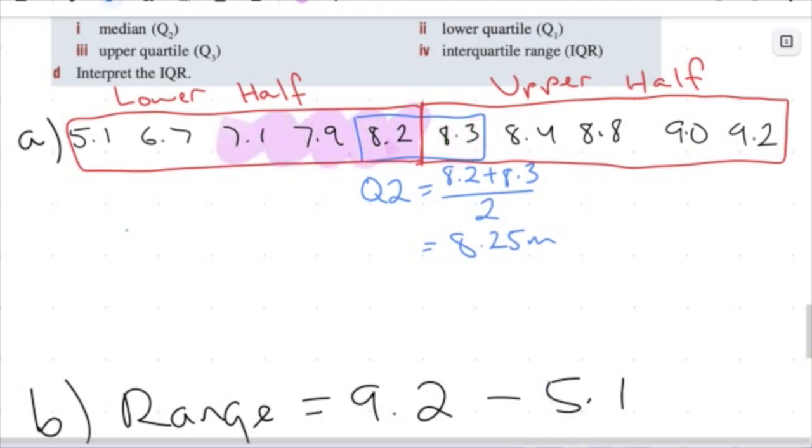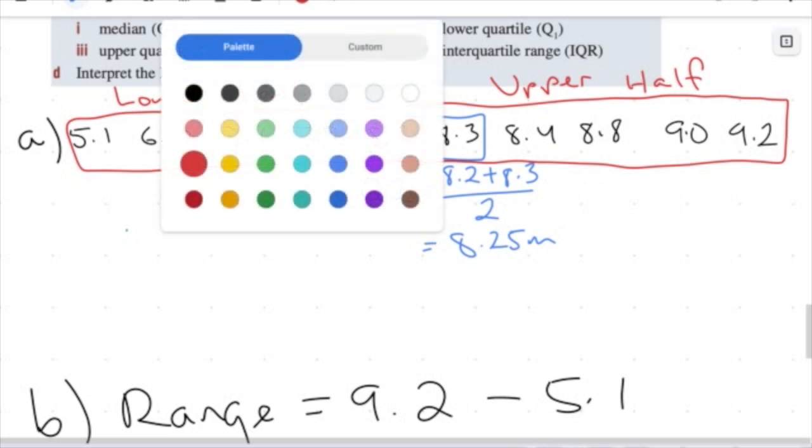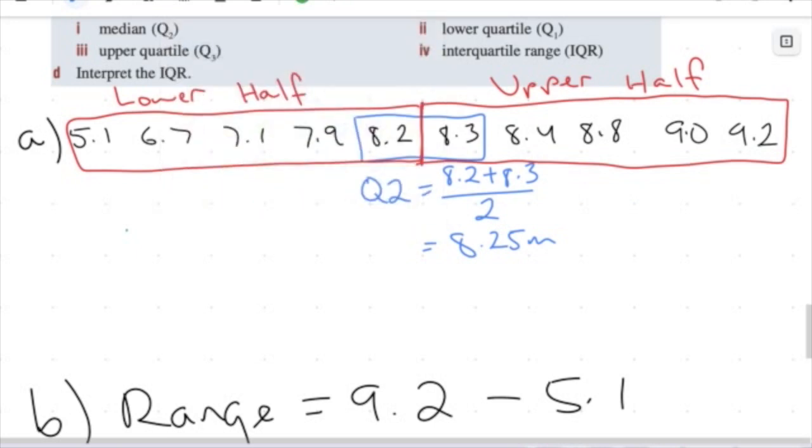So that's why we're considering the 8.2 as part of the lower half, because that gives me 5 equal data points on the left, on the lower half, and then 8.3 falls in with the upper half to give me another equal number there. So once I get here, I can just locate the middle of my lower half and upper half, or in other words, the lower quartile and the upper quartile.